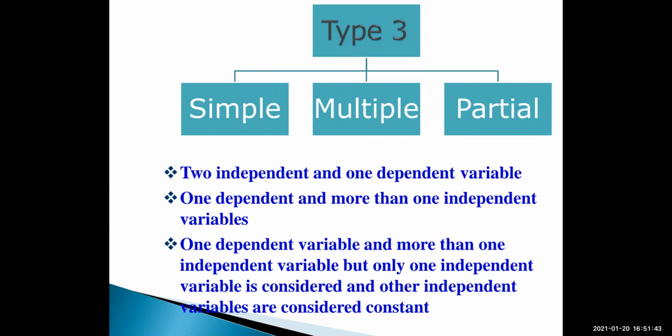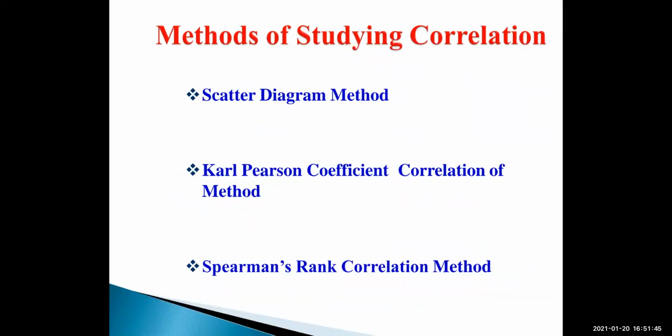Now, when we talk about the methods or techniques for measuring correlation, there are three important statistical tools used to measure correlation, and they are the scatter diagram, Karl Pearson, and Spearman rank correlation.